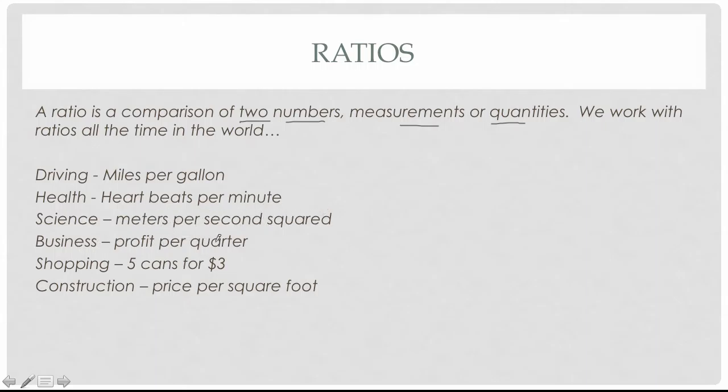In business, we want to know the profit per quarter. Are we increasing or decreasing? Shopping, we can buy 5 cans for $3. And in construction, what's the price per square foot of that house? These are all ratios. We can write them as per like this, or we can write them as a fraction, or we can write them with a little colon, miles to the gallon.